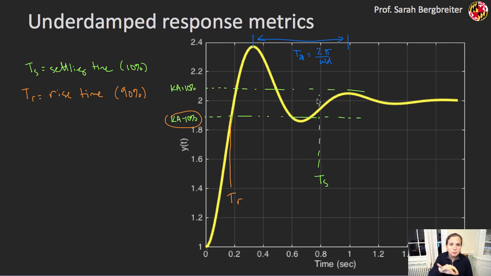So the key point I want to make here is that from a basic step response plot of a second order system, you can figure out what those parameters omega n and the damping ratio are, much like we could figure out the single parameter for a first order system, which was tau.